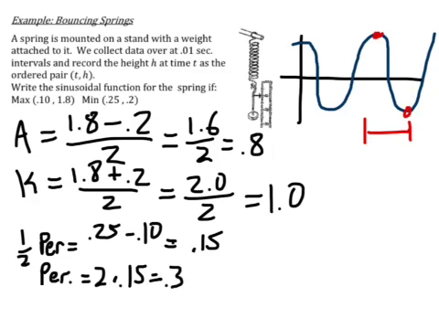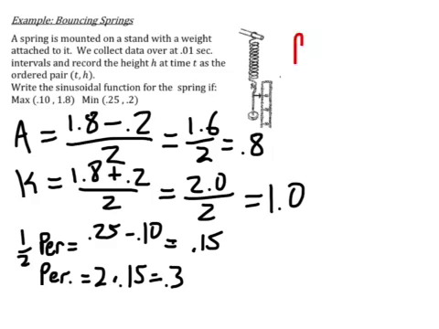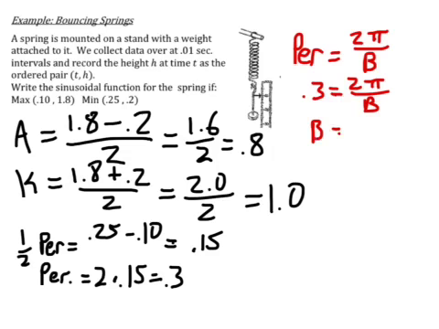So we know that the period is 2 pi over b, and so we know that 0.3 is 2 pi over b, and solving for b here, we get b is 2 pi over 0.3, and we're going to leave it that way. That's fine. So we now have just about everything.